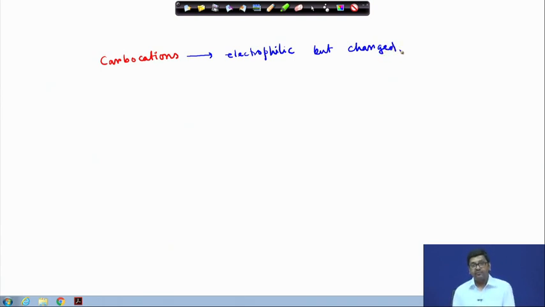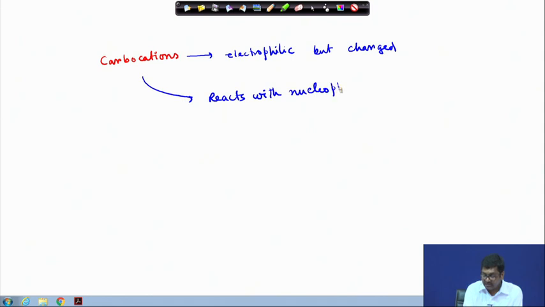So when they react, they react with nucleophiles, especially those having high charge density.